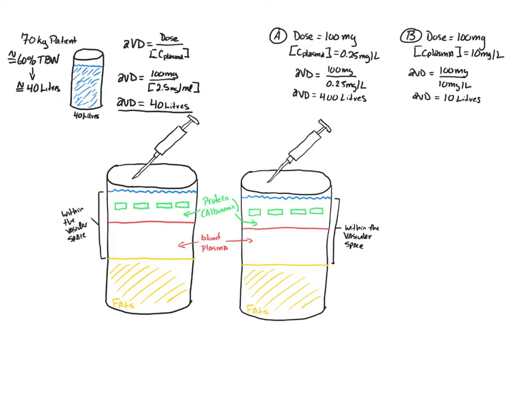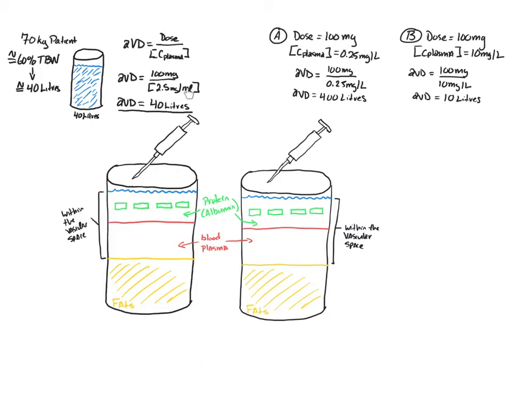Then we worked through an example and said, let's say that we gave 100 milligrams of a medication IV, and so we essentially bypassed the absorption phase and just dissolved 100 milligrams of that in this 40 liters of water. Then we took a small sample and calculated the concentration, and we got a concentration of 2.5 milligrams per liter.